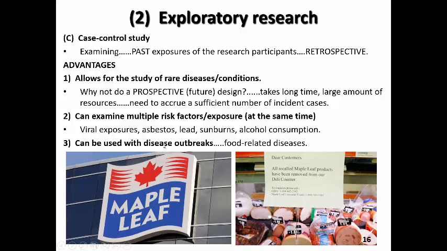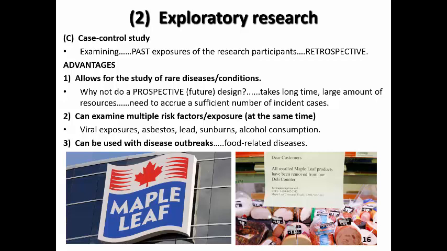And when we talk about disease outbreaks, one such example is food-related diseases. In 2008, the Maple Leaf Foods Company produced a number of meat products that were contaminated with listeria, and scores of people became ill, and it resulted in 22 deaths.